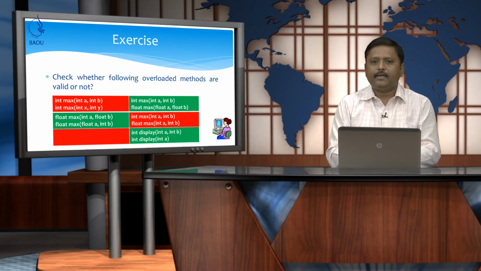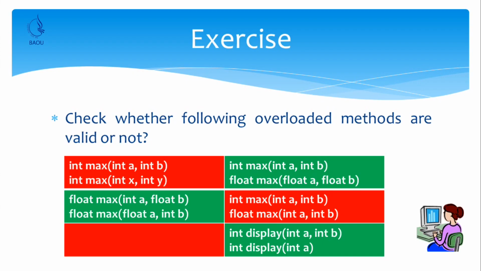Now, we have discussed method overloading, but to check whether you got the point or not, let us take one example so that you can understand how overloaded methods work. Here we have different definitions of overloaded methods and you have to decide which are valid or not. In the first case we have two methods with the name max.